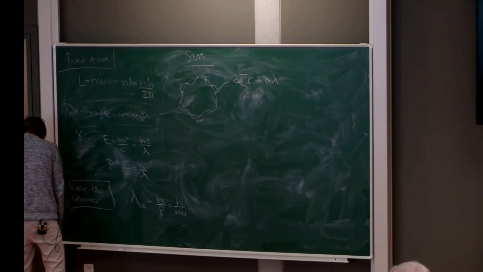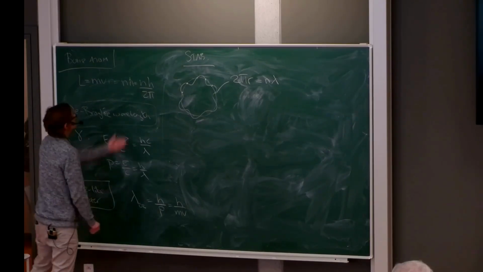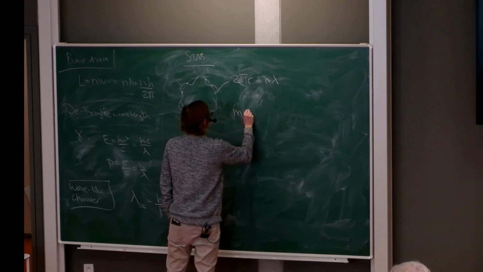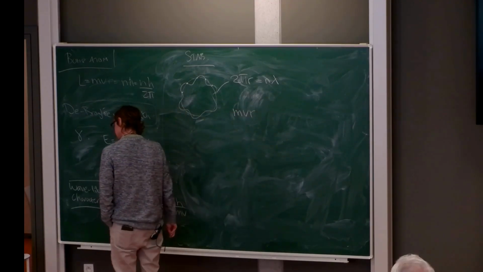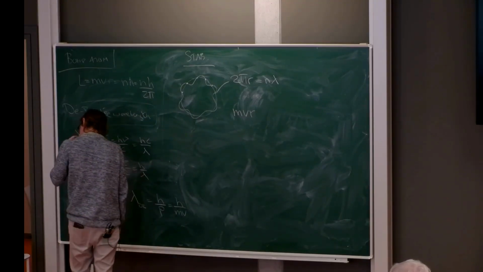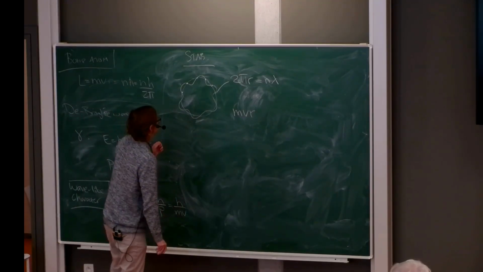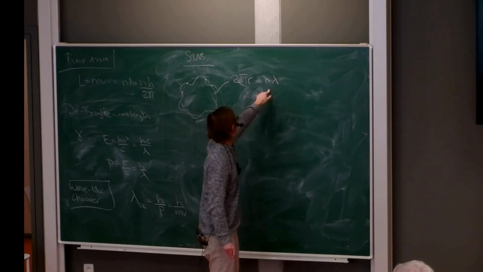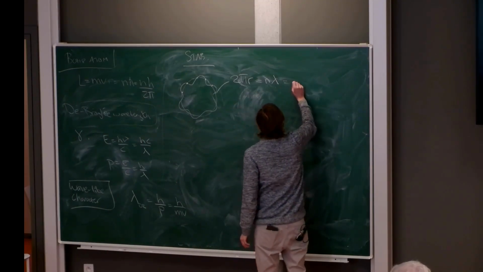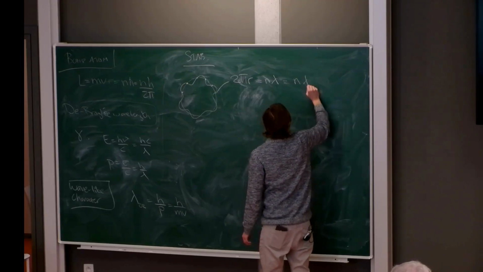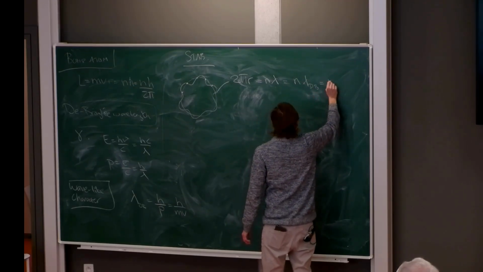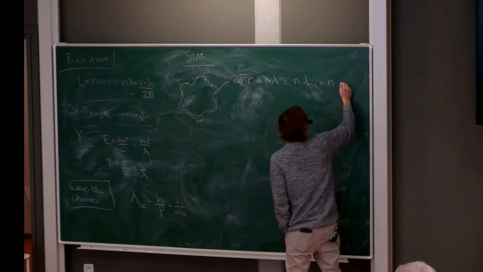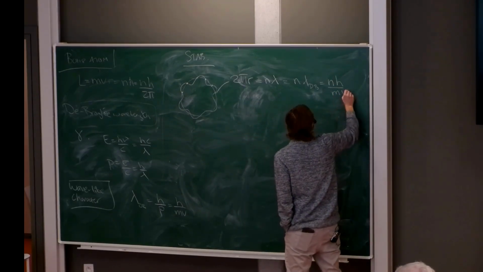Now, in this case, let's go back to what this means then. Well, if we then have mvr, actually we can do it like this. It's easier, because we had the de Broglie wavelength here. So if this is then the de Broglie wavelength, this is just n times h divided by mv.